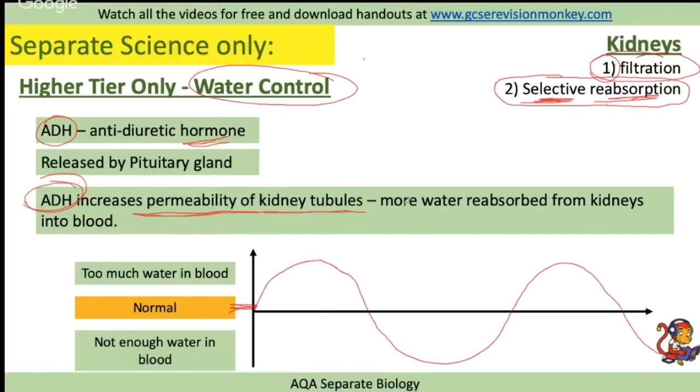And what this means is that more water is reabsorbed from the kidneys back into the blood. So it controls this selective reabsorption process. So if your water levels are getting too low, you're going to release the ADH, and that's going to increase your water levels in the blood. And if they're getting too high, you then want to inhibit the ADH to bring the levels of water back down again.